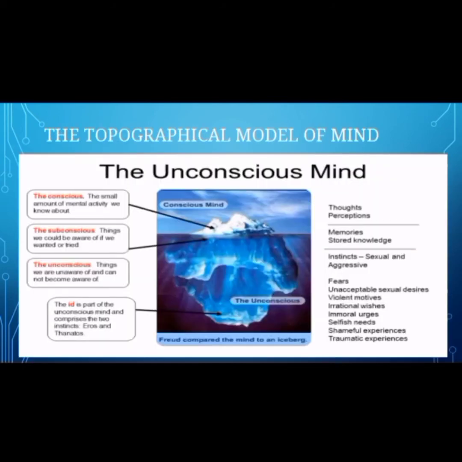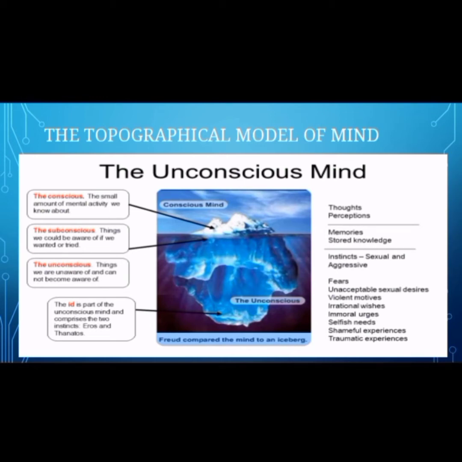First is the topographical model of mind. The topographical model of mind was divided into three: the conscious, the preconscious, and the unconscious. First, the conscious, which consists of the thoughts and focus in the present state of the mind.